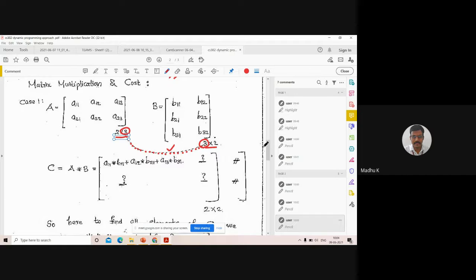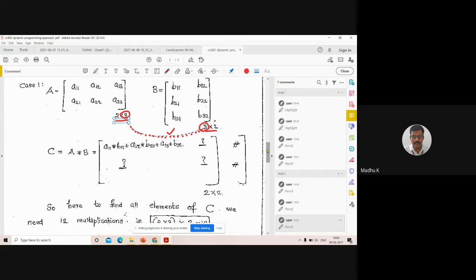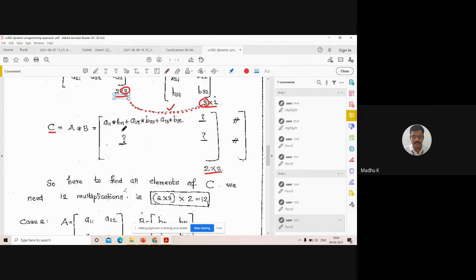This is very important for understanding the dynamic programming approach. So this should be the same, and the resultant matrix C has order 2 by 2. This is the basic rule.